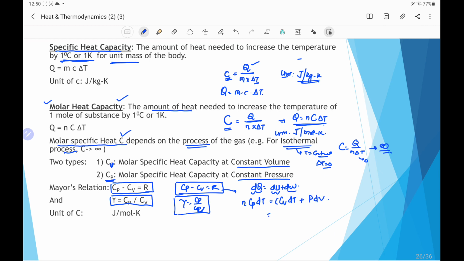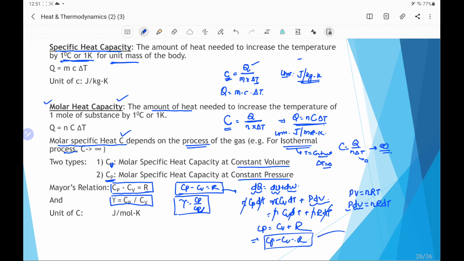Therefore, n Cp dt equal to n Cv dt plus, because for ideal gas we can write PV equal to nRT, and P dV, dV is very small volume change for which P is considered constant, we can write it is nR dt. So we can replace P dV equal to nR dt, and dt and dt get cancelled, and n also gets cancelled. Therefore we can write Cp equal to Cv plus R, or Cp minus Cv equal to R.